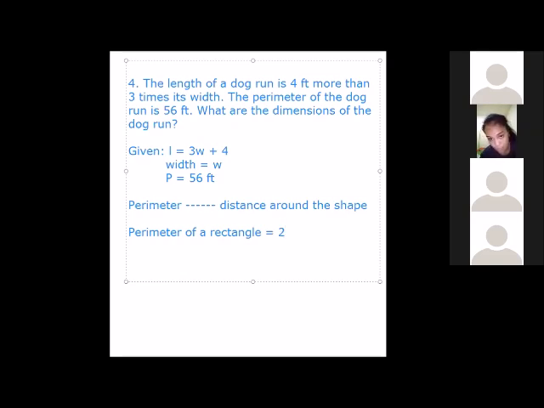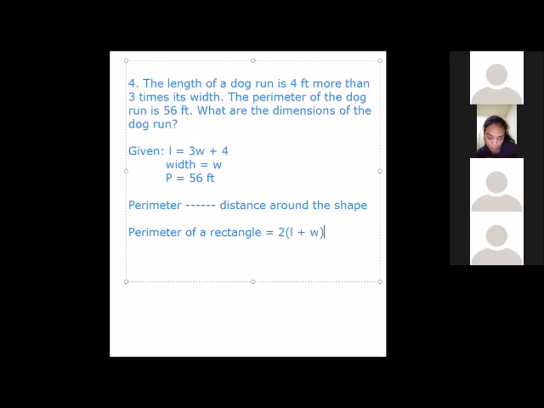The 2 times length plus the width. Again, the perimeter of a rectangle is measured by 2 methods.